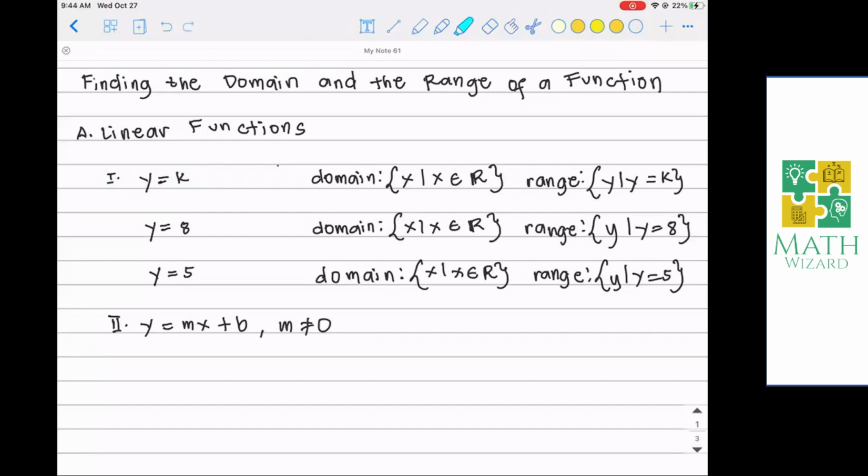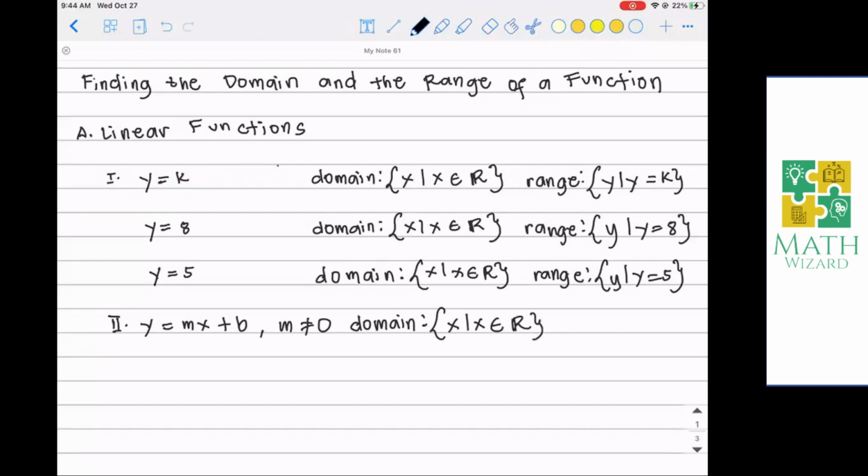So, kapag it's in the format of y is equal to mx plus b, ang ating magiging domain automatically, that's the domain x such that x is the set of all the real numbers. Ayan.